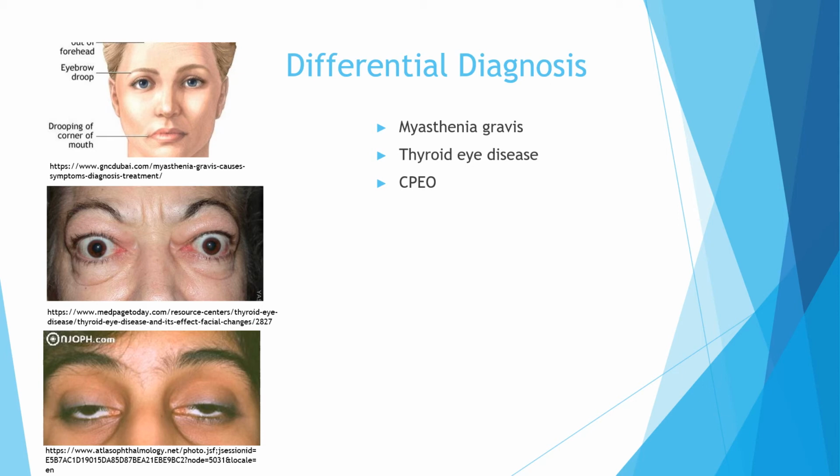Thyroid eye disease can also cause proptosis and, in that process, ophthalmoplegia. And CPEO, which stands for chronic progressive external ophthalmoplegia, can also give similar extraocular movement abnormalities. Some examples include MERRF or Kearns-Sayre syndrome.